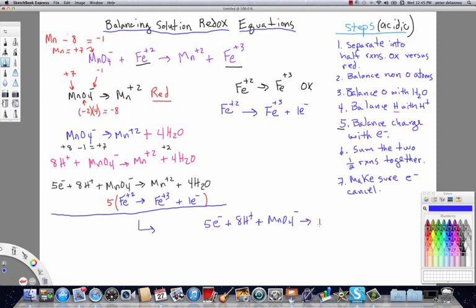On the other side we have Mn plus 2, then we have 4 H2Os. Now, in the bottom equation, the new equation is going to be 5 Fe plus 2s, and then we're going to have 5 Fe plus 3s, and then we're going to have 5 electrons.